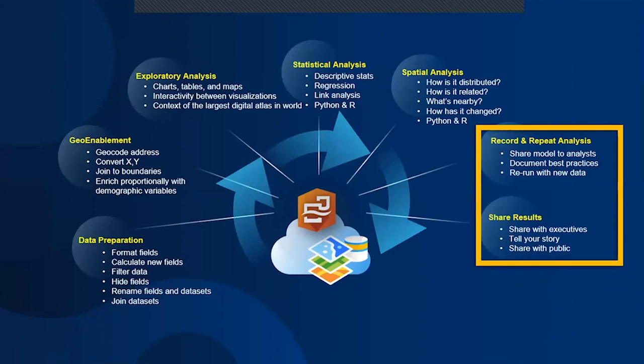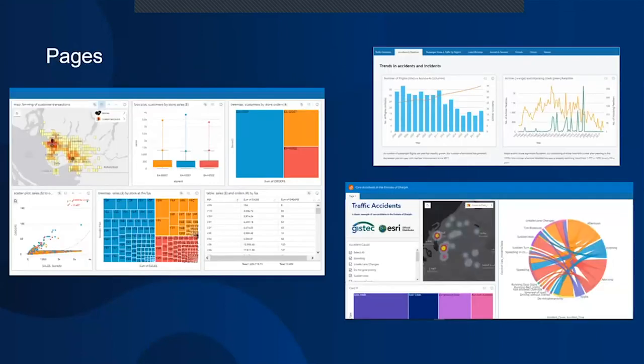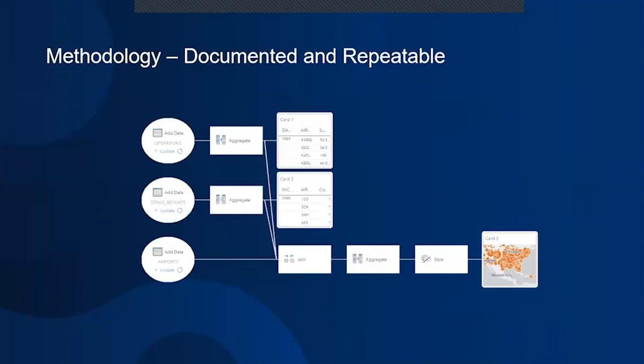We can share this information through pages that will be for view-only access, or we can provide the models that will be presenting the results and all flow of our analysis. And on the slides, we can see the summary. So once we want to share the results, it can be, again, pages, models, or we can share directly the results of our data. Pages we went through, and for the model.